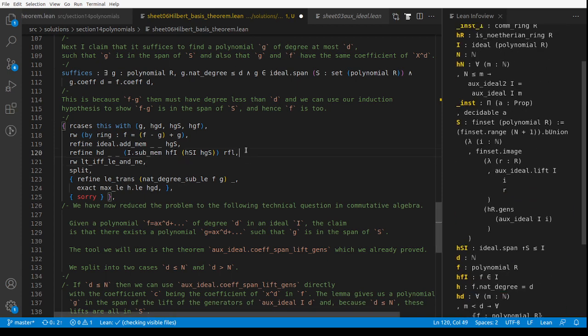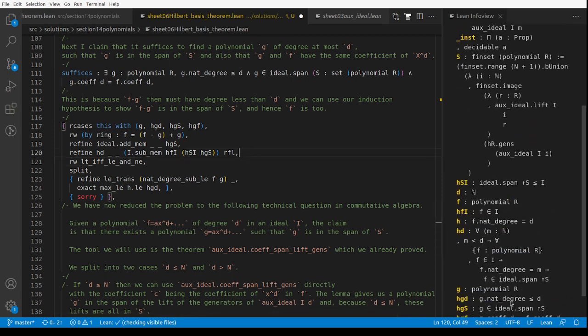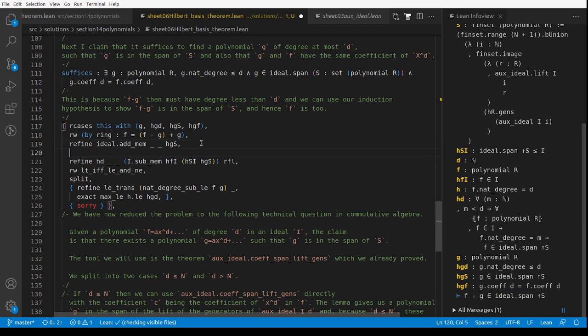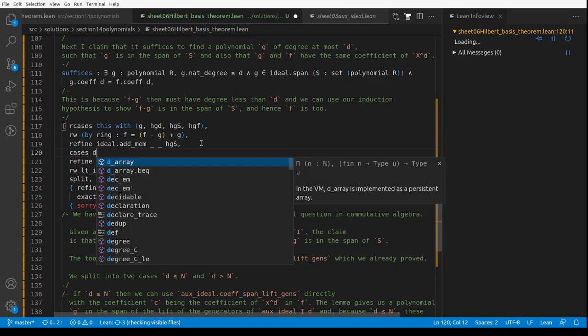So where do I deal with that? You see, if D is 0, that goal is not true. What about this? This goal is true. Okay, so this line is actually, I need to do cases D.